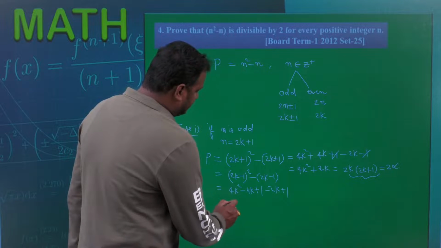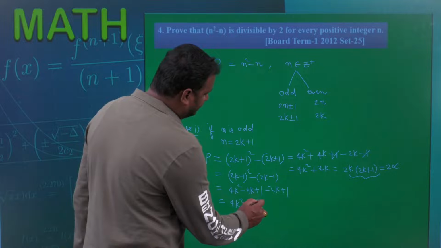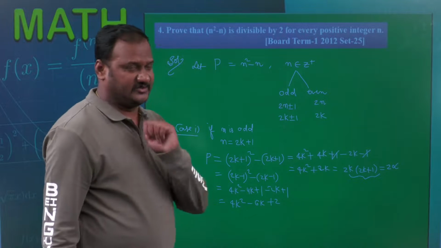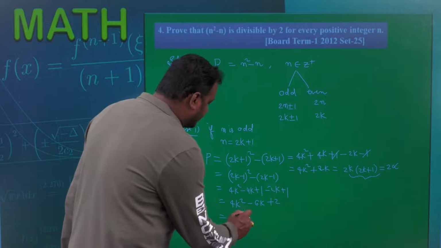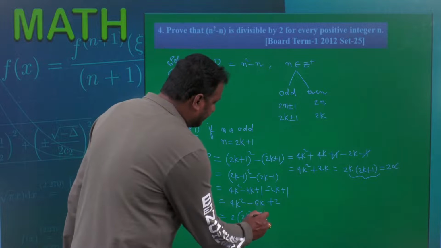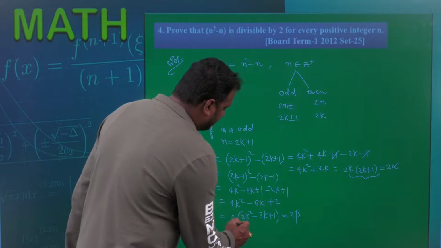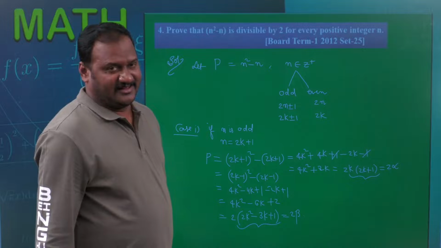So here this is 4k square minus 4k minus 2k, which is minus 6k, and then plus 2. Every single number has a 2 common. If you take 2 common, it is going to be 2 into (2k square minus 3k plus 1). It is some 2 beta, because 2 into this is some other number. Then also it is divisible by 2.